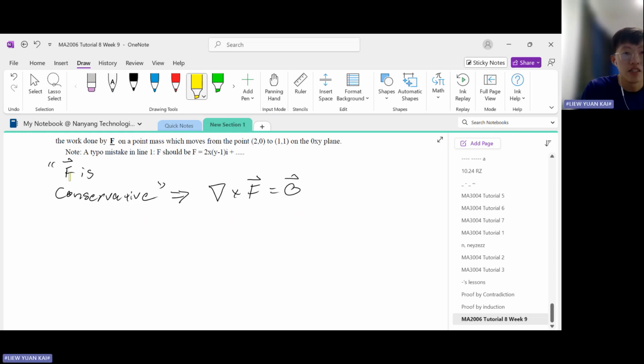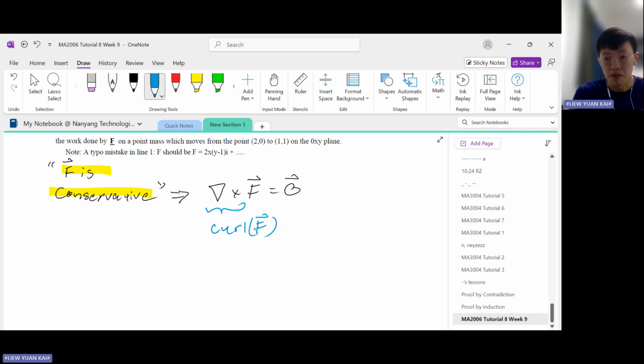When someone says F is conservative, by definition, it means that nabla cross F is equal to the zero vector. And remember, by definition also, the name of nabla cross is curl. So what we're doing is finding the curl of F.